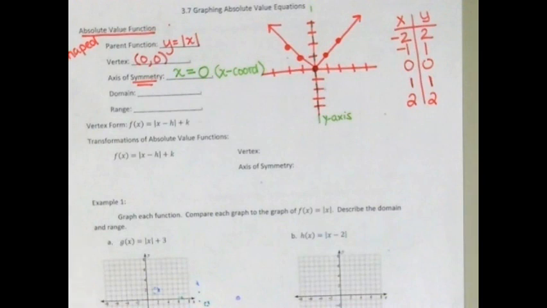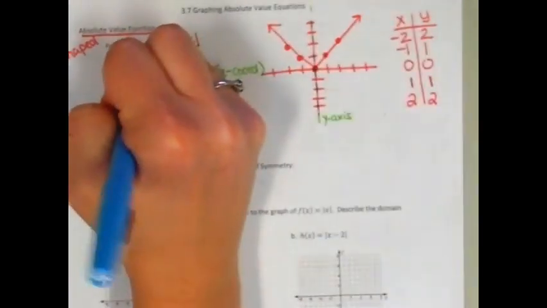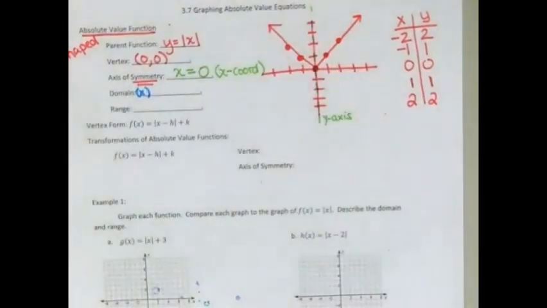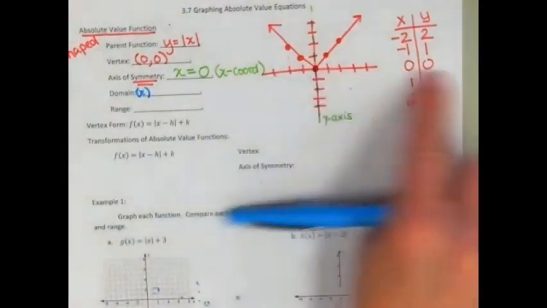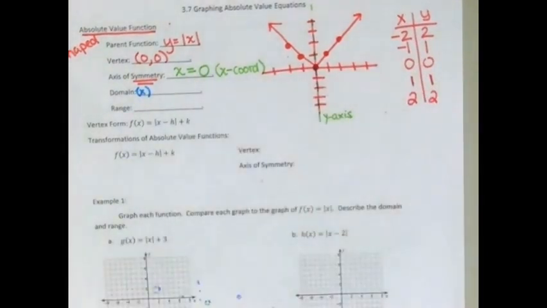Now, once again, what does domain mean? The x values. Those are your x values. Now, if I think of any x value, could I plug in 100 and get a y value? Can I take the absolute value of 100? Yeah. Could I do -1,000?